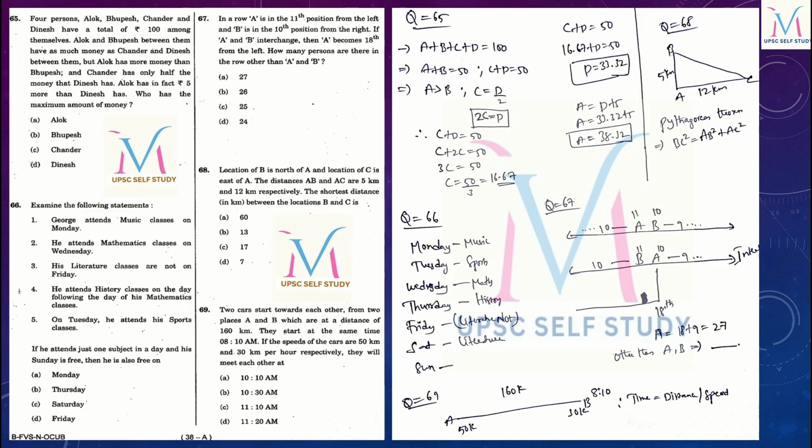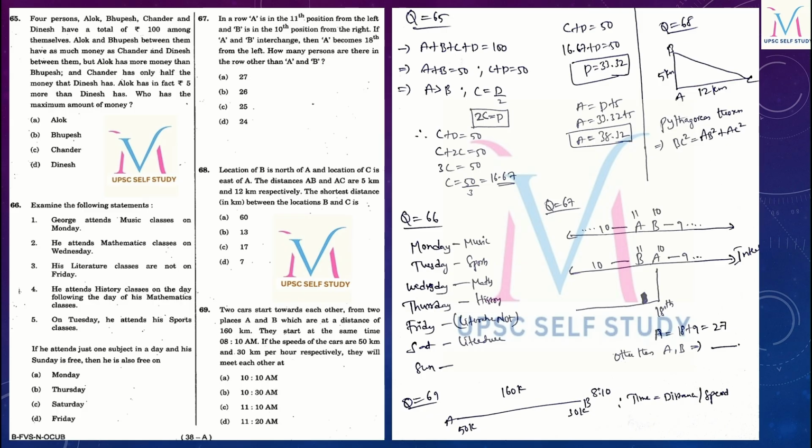And Chandar has only half the money that Dinesh has. So C is equal to D by 2, because Chandar has only half the money that Dinesh has.